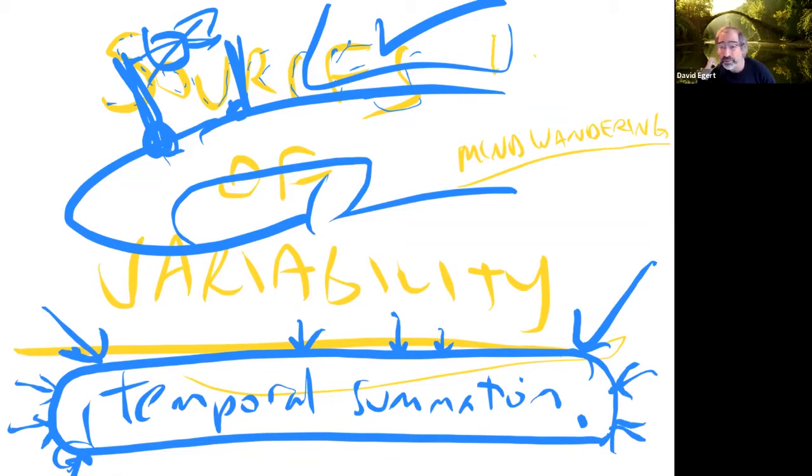You might be adding to a little bit of residual elevation from the last one. So in our procedure, we make sure you wait at least 30 seconds after you do one test at a value before you try the next higher value, to make sure that you don't accidentally start having temporal summation happening. Does that make sense?